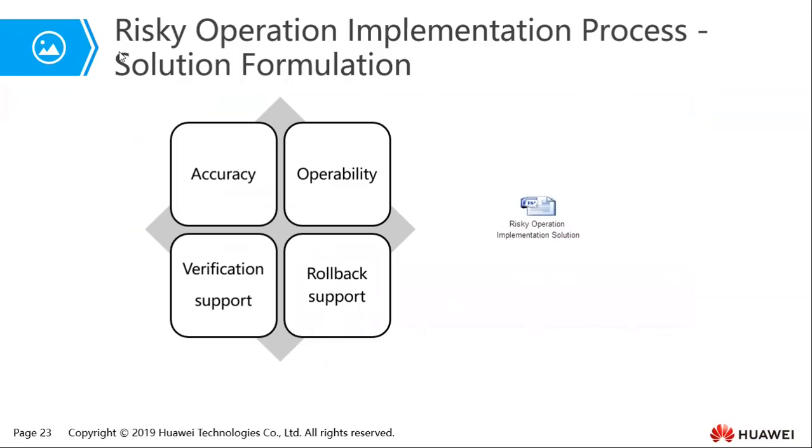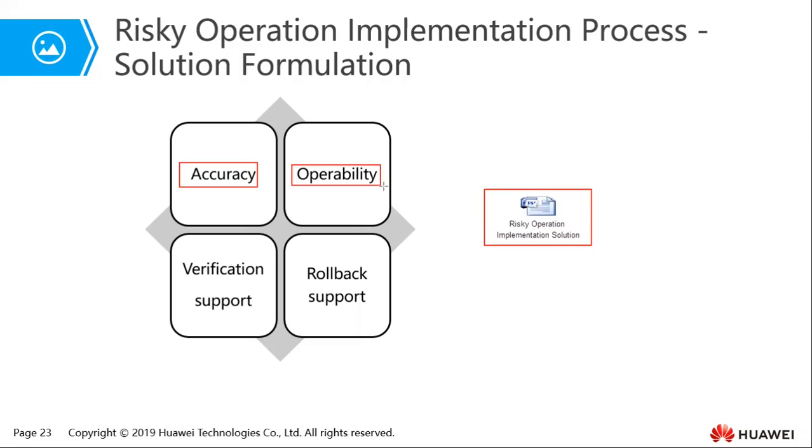Now, with a risky operation implementation process, we normally have documentation that can guide us to implement this particular risky operation. Generally, we insist on accuracy in terms of planning and knowing that we are able to do this.